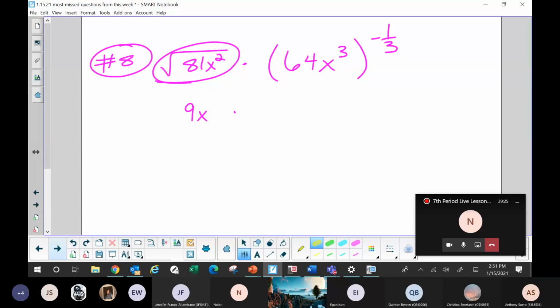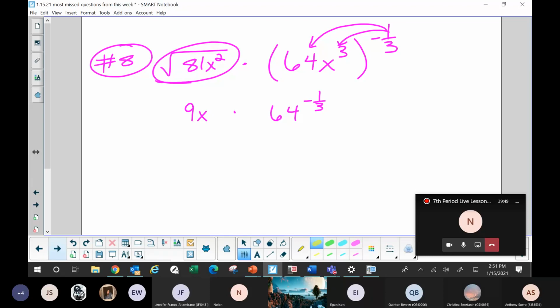Here, we have to make sure that that negative 1/3 goes with everything. It goes with the 64 and the x cubed. So we're going to raise 64 to the negative 1/3 power. I'm leaving that negative exponent for now, and then we will take care of it in a minute.